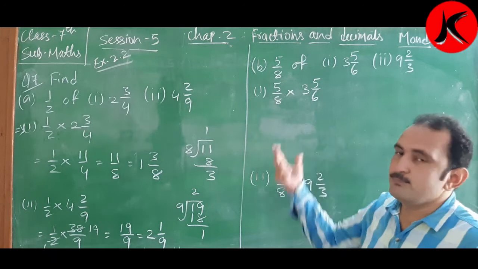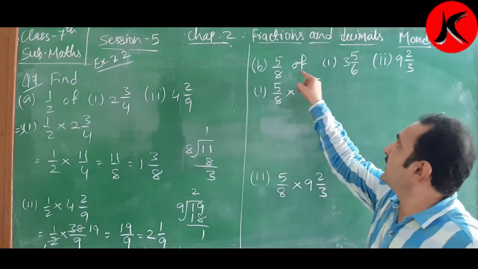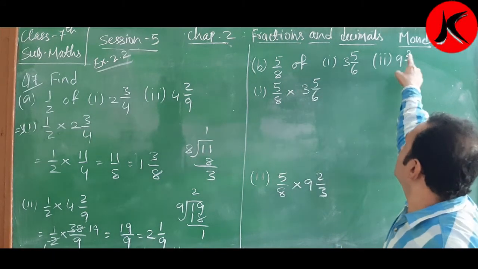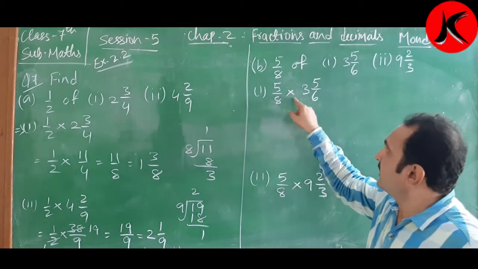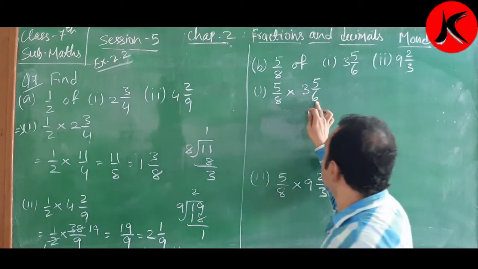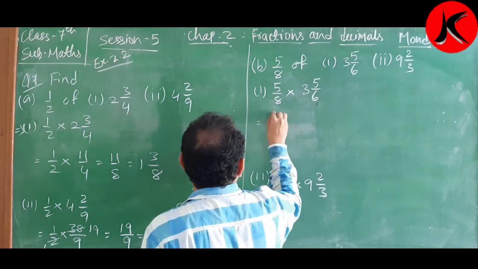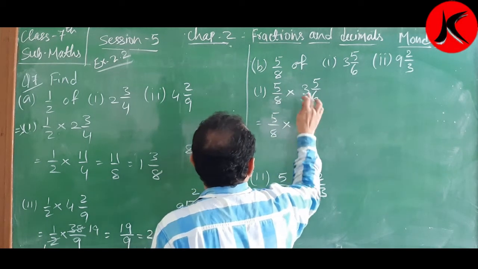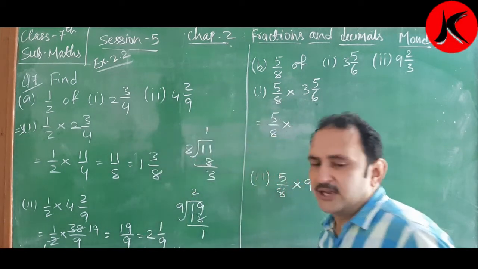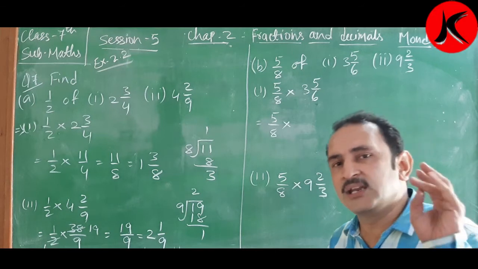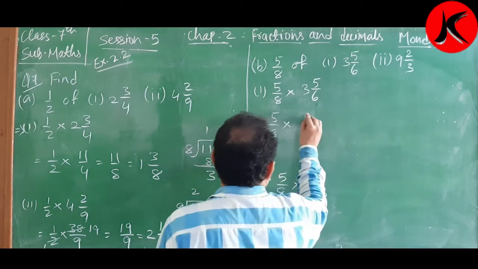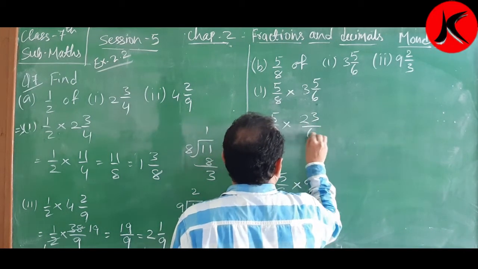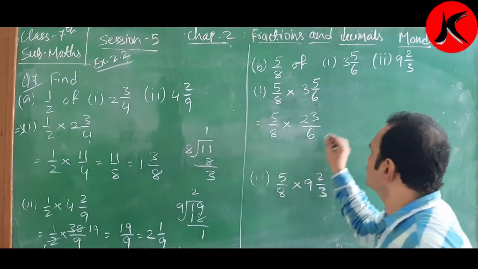Same way, B1, which is 5 upon 8 of 3 integer 5 upon 6 and 9 integer 2 upon 5. 5 upon 8 multiplied by 3 6s are 18. 18 plus 5 is 23 upon 6, children. No cancellation as such.